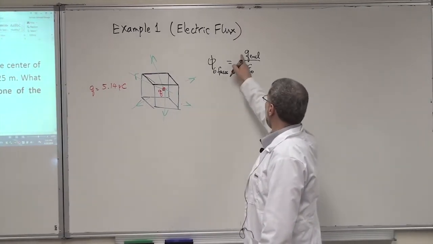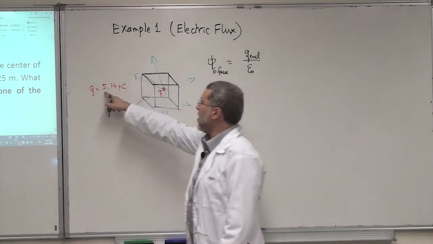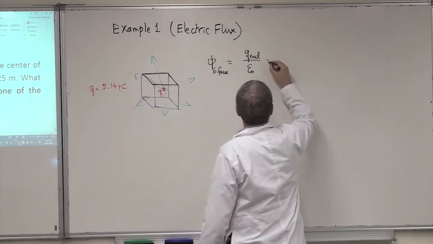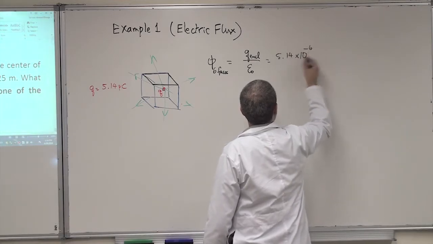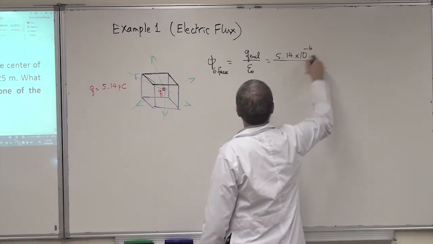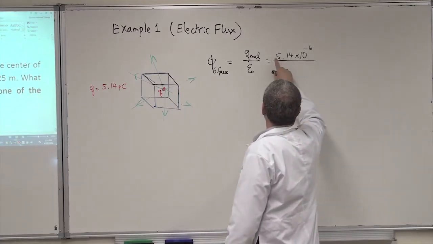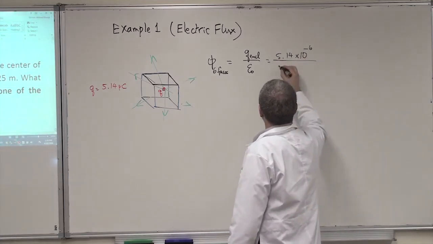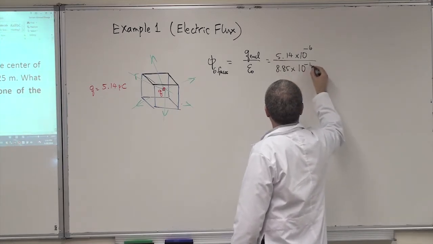So Q enclosed is the red charge here, which has a value of 5.14 microcoulomb. That is 5.14 times 10 to the power minus 6, because you have to use SI units and make sure you use coulombs here. So 5.14 times 10 to the minus 6 divided by epsilon 0, 8.85 times 10 to the power minus 12.